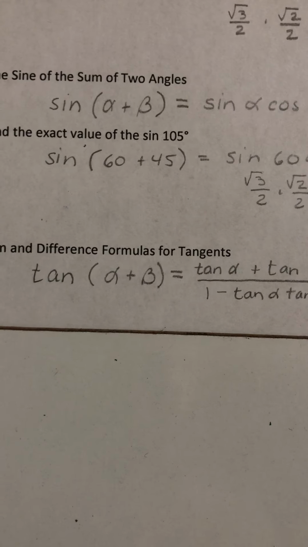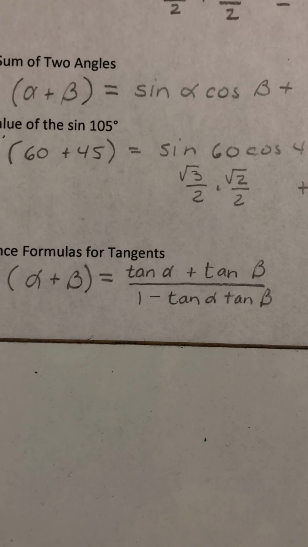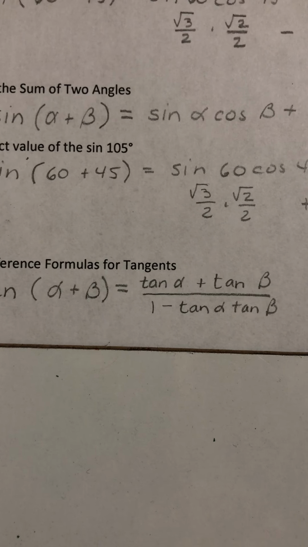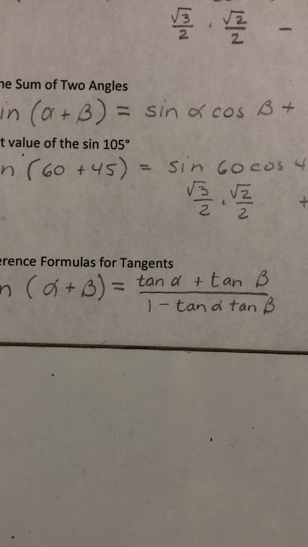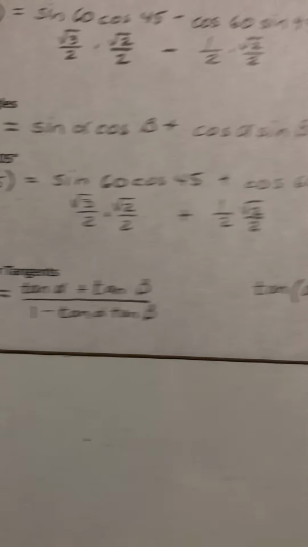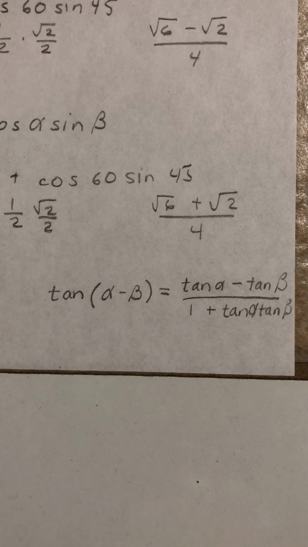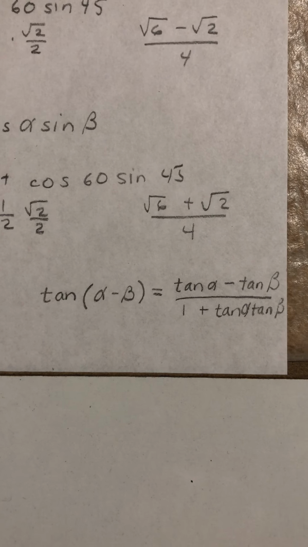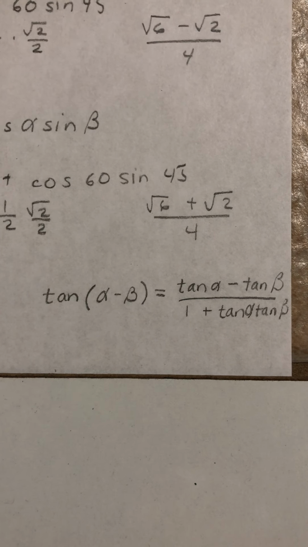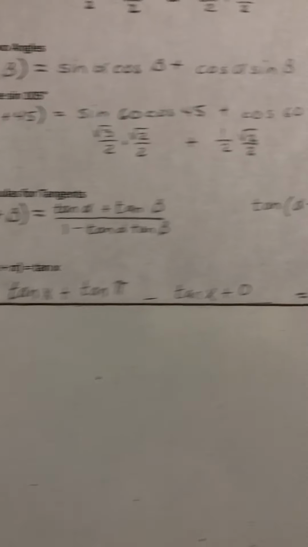The tangent of alpha plus beta is equal to the tangent of alpha plus the tangent of beta all over 1 minus tangent alpha times tangent beta. The tangent of alpha minus beta is equal to the tangent of alpha minus the tangent of beta over 1 plus the tangent of alpha times the tangent of beta.